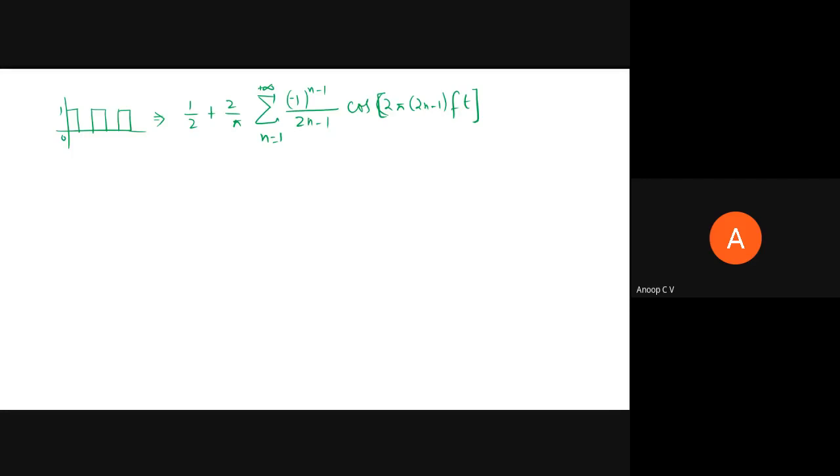What is the meaning of this? In the Fourier series expansion, this is the DC term or A0. It is nothing but the average value.